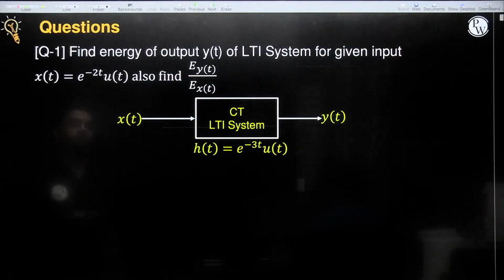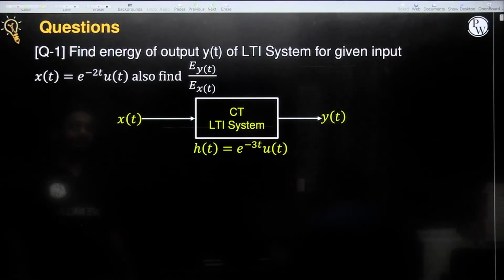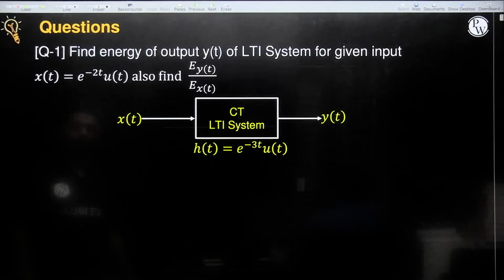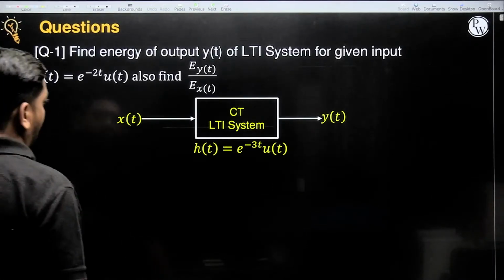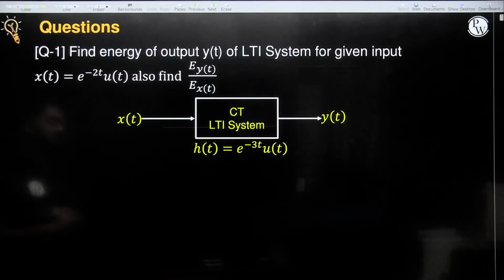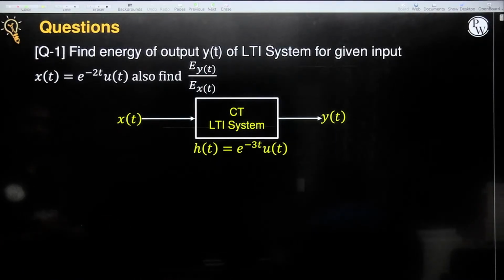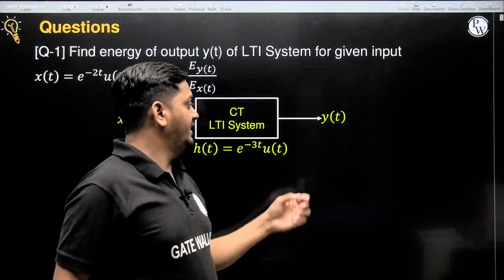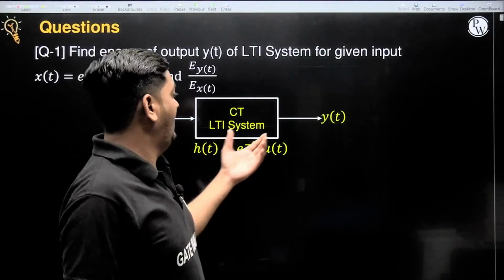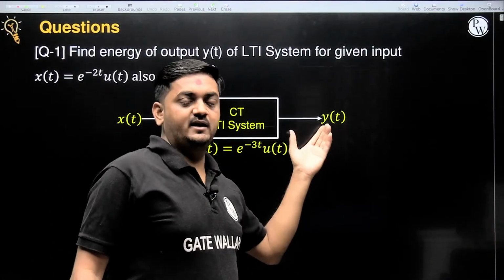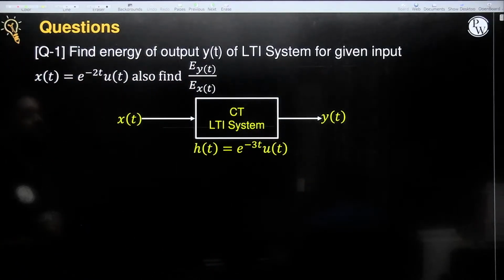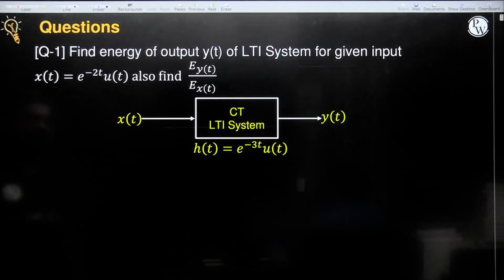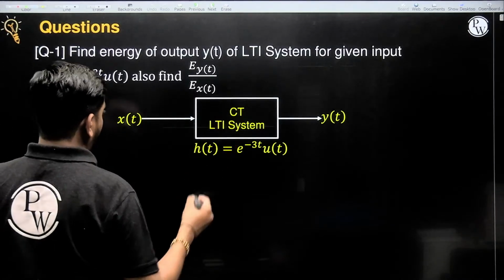Find the energy of the output signal y of t of an LTI system for the given input x of t equal to e power minus 2t u of t, and also find the ratio of output signal energy to the input signal energy. So in the first part they are asking to find the energy of the output signal y of t, and in the second they are asking the ratio of the energy of the output signal to the input. So the input is given, plus the response of the LTI system is also given.